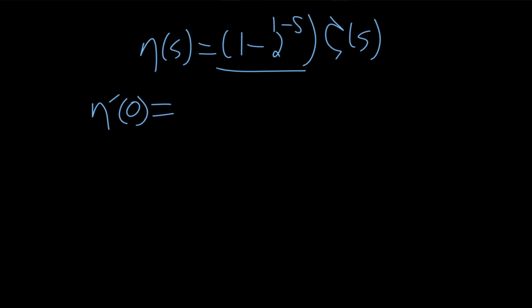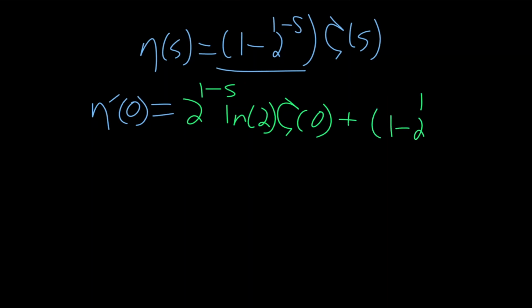So that right there is just going to be 2 to the 1 minus s times the natural log of 2, and then times zeta of 0. And then we're going to have just plus 1 minus 2 to the 1 minus s, and then zeta prime of 0 right there.